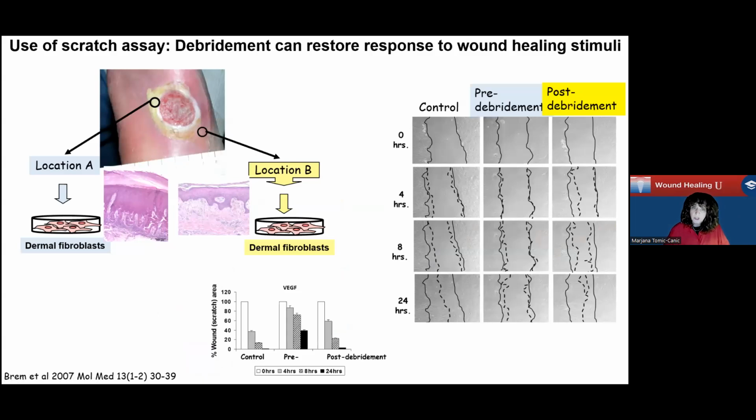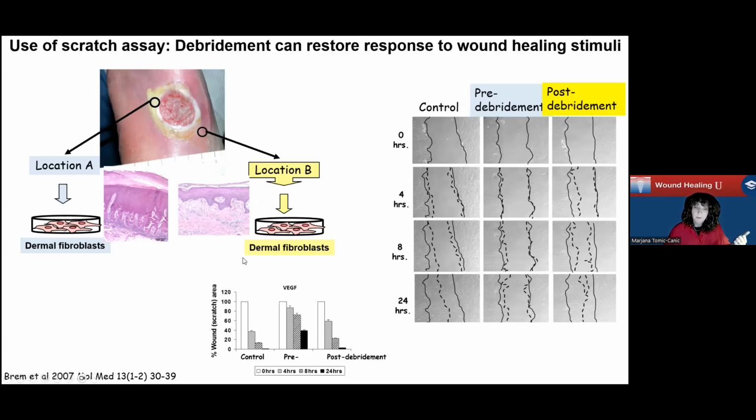Of course, the source of the cells can be different, right? I just mentioned and showed you primary human cells, but they can actually be coming from the patients. And this is one of the examples where we use primary cells isolated from a chronic wound before and after debridement.